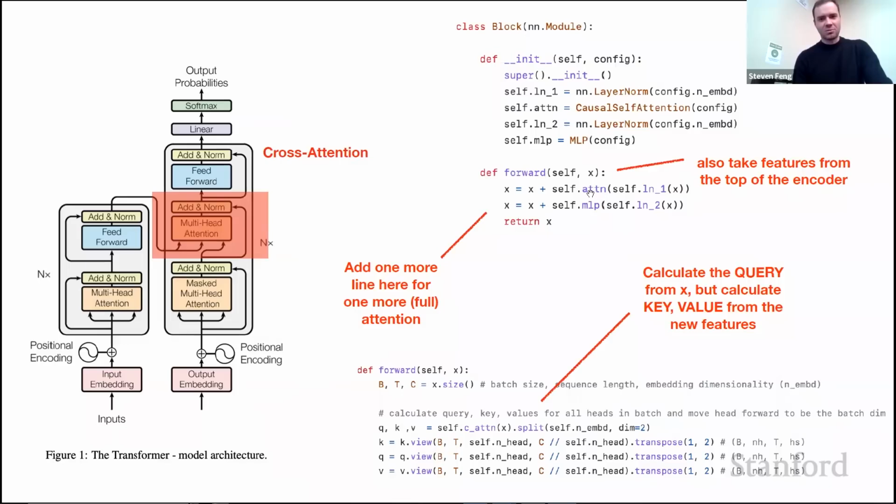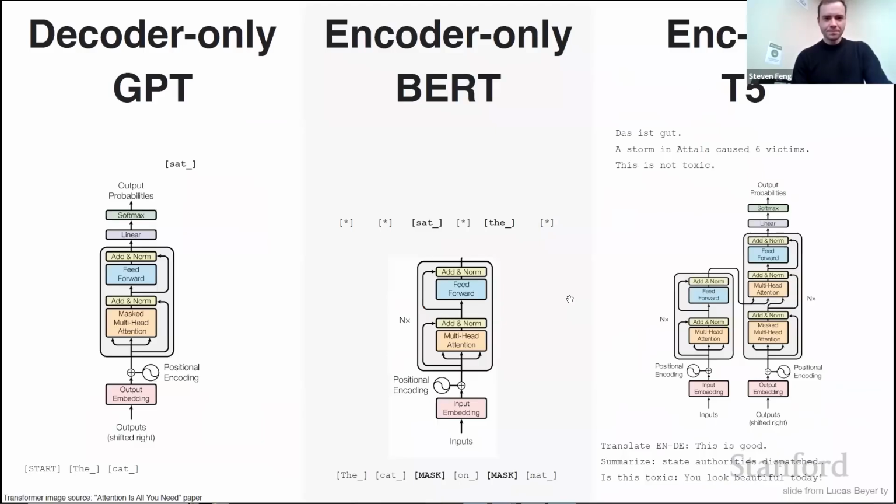I should have implemented it instead of just pointing, I think. But there will be a cross attention line here. So we'll have 3 lines because we need to add another block. And the queries will come from X, but the keys and the values will come from the top of the encoder. And there will be basically information flowing from the encoder strictly to all the nodes inside X. And then that's it. So it's very simple modifications on the decoder attention.